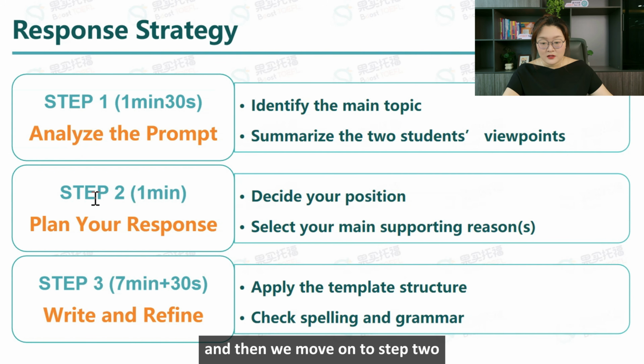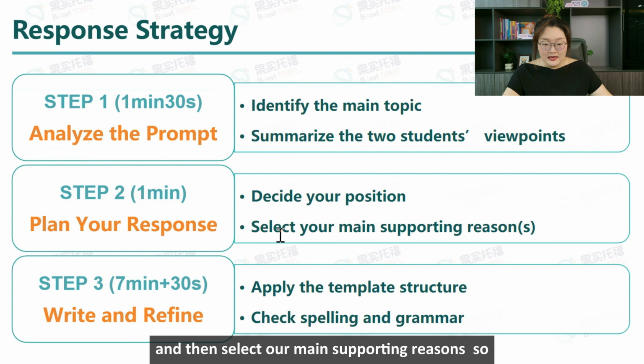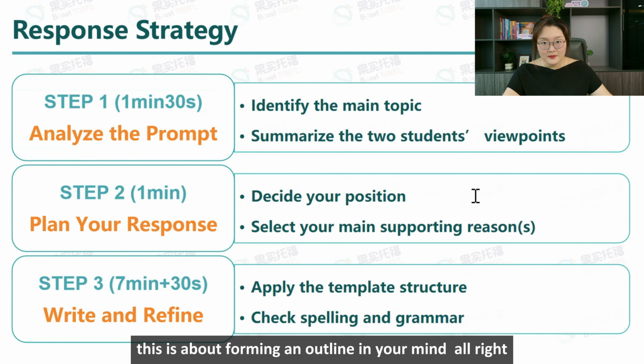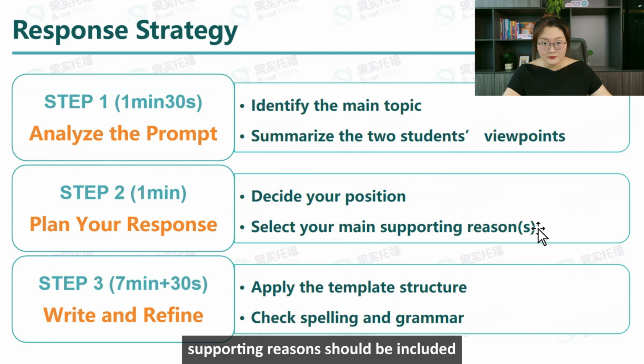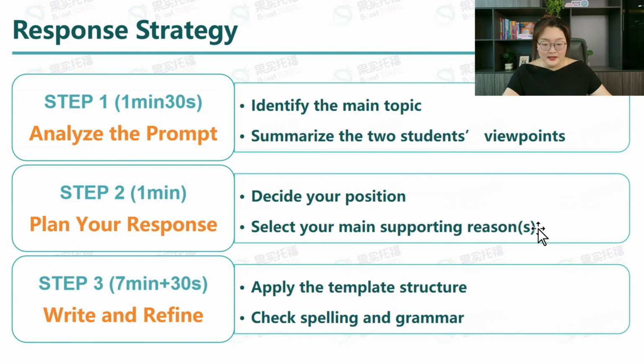And then we move on to step 2, which takes about 1 minute. Here, we plan our response before writing. Okay, we should decide our own position. And then select our main supporting reasons. So this is about forming an outline in your mind. All right, your main topic and your supporting reasons should be included.